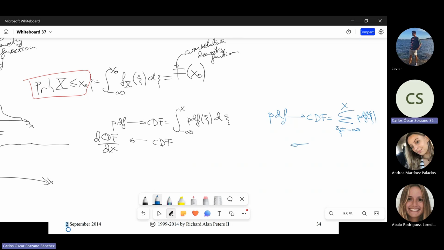And we want to go to the other definition. What is the opposite operation of summing? First difference. You have to do CDF of x minus CDF of x minus 1. Perfect. Is this okay? Good.